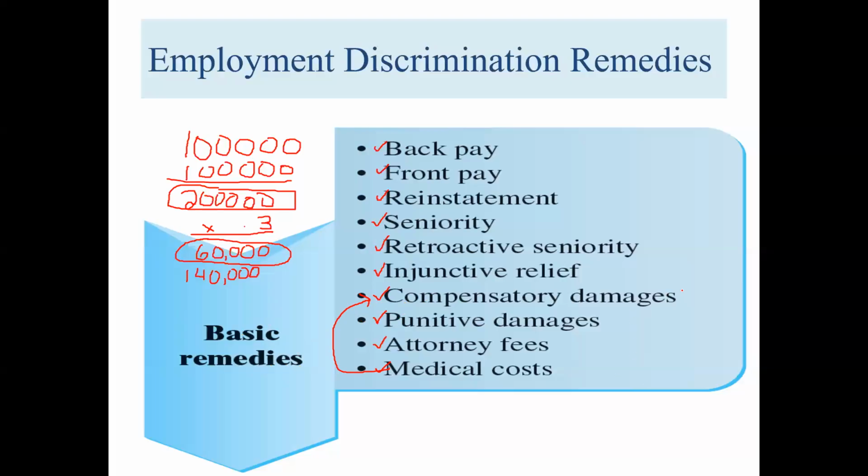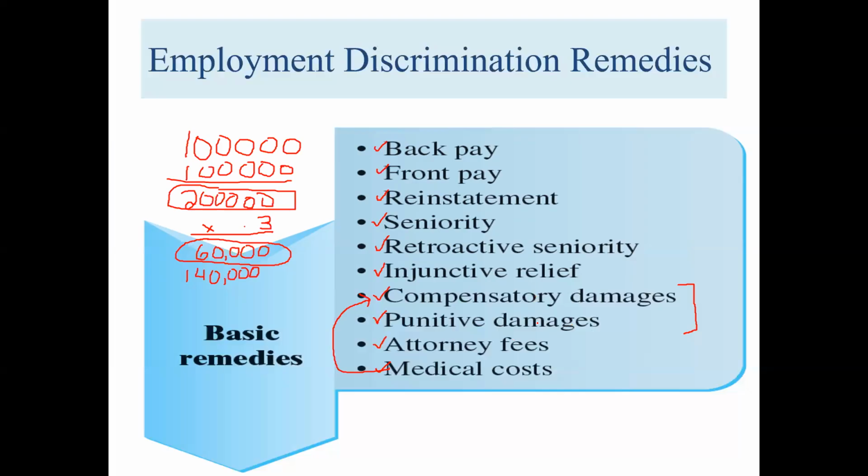Now, I've been talking about compensatory damages and punitive damages, but one thing I haven't mentioned about these is that there is a cap under most of our discrimination laws. Under Title VII, these two amounts in combination for the very largest of employers can't exceed $300,000. And so there's not an infinite number here.